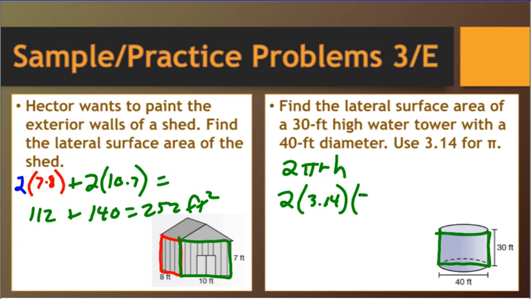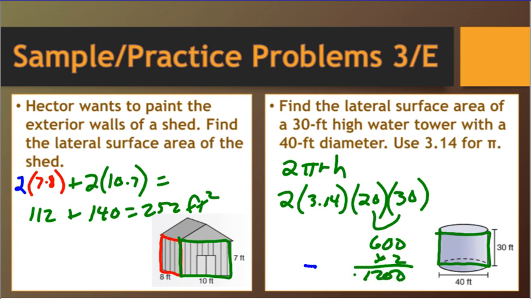Half of 40 would be 20, times the height, which is 30. So this would be 600 times 2, which would give us 1200, times the 3.14. So 1200 times 3.14 gives us a total lateral surface area of 3,768 square feet.